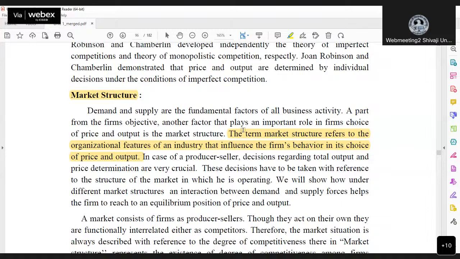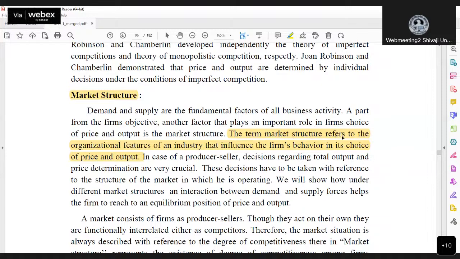So consider the highlighted part: the term market structure refers to the organizational features of an industry that influence the firm's behavior in its choice of price and output. In simple words, let us divide this definition into small parts.